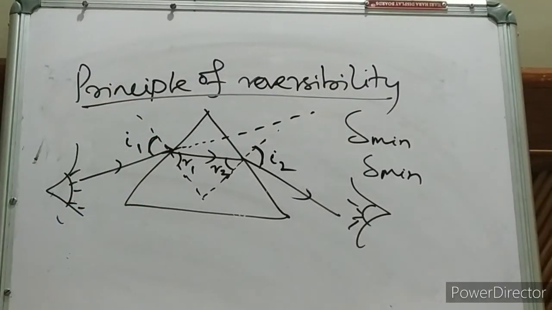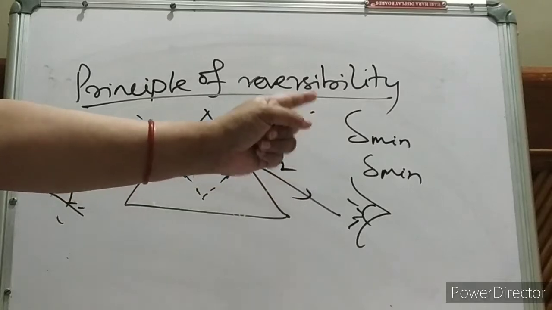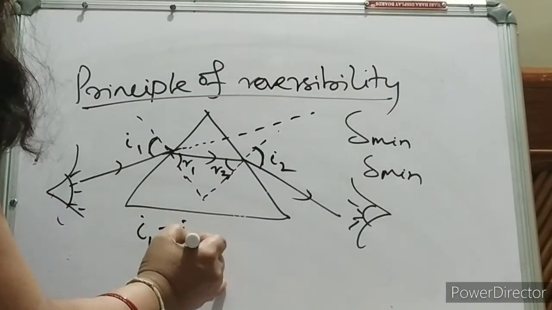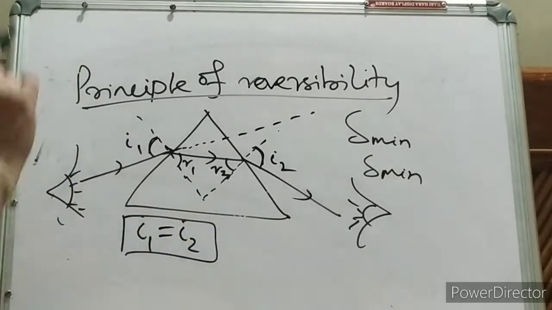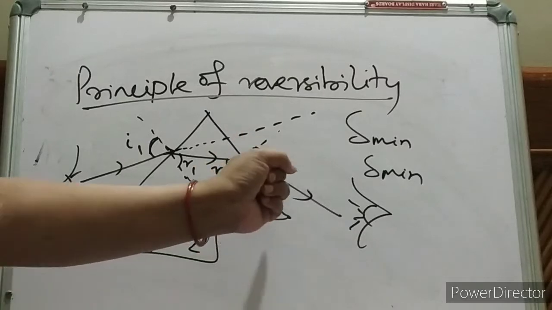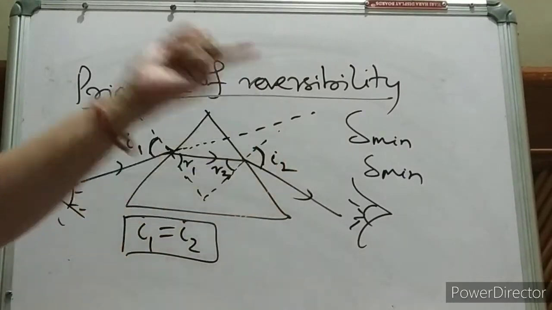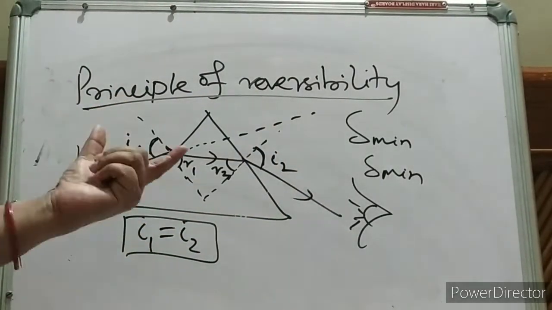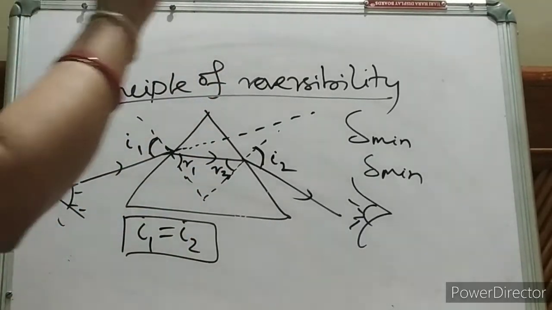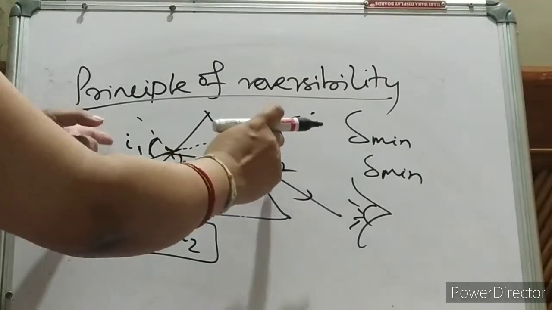That means delta minimum is only for one angle. That means I1 is equal to I2. So from the right hand side, this emergence angle becomes the incidence angle. But we know only for one angle of incidence the deviation will be minimum. So that means these two angles are equal.